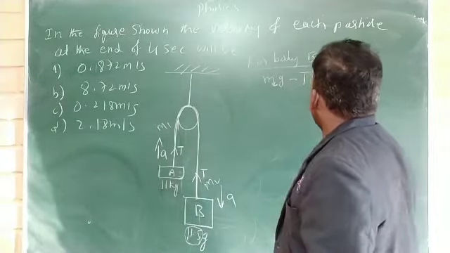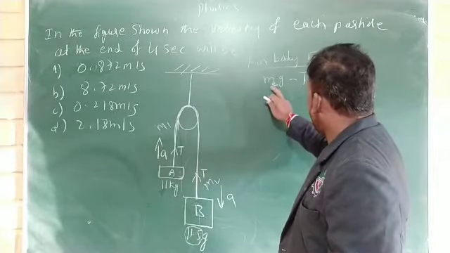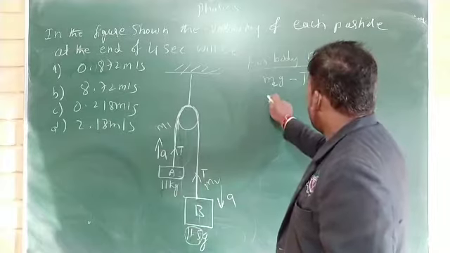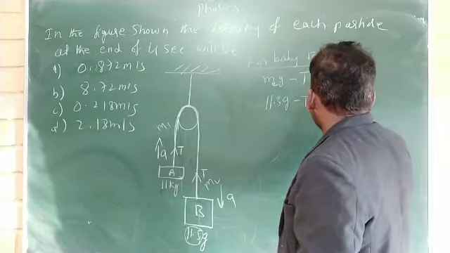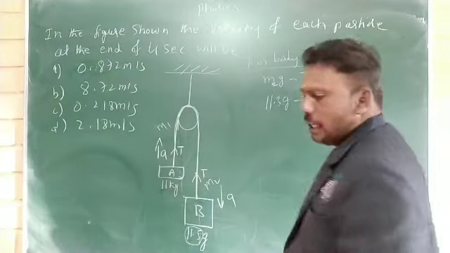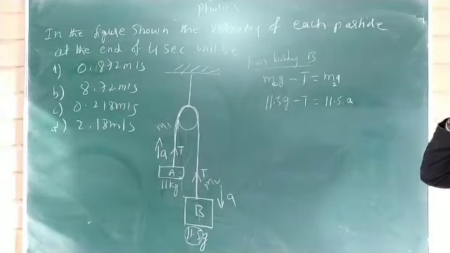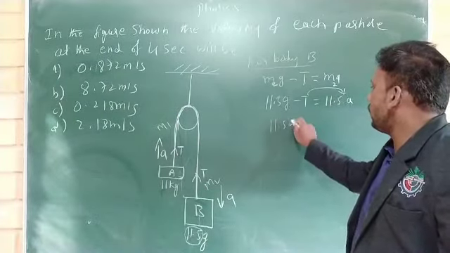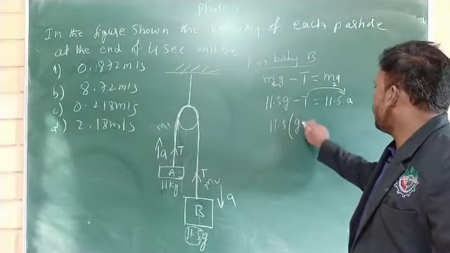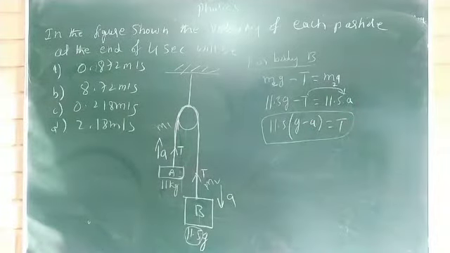From this equation we simplify the T value. T comes to this side, and 11.5 is common. Therefore, T is equal to 11.5 (g minus a).